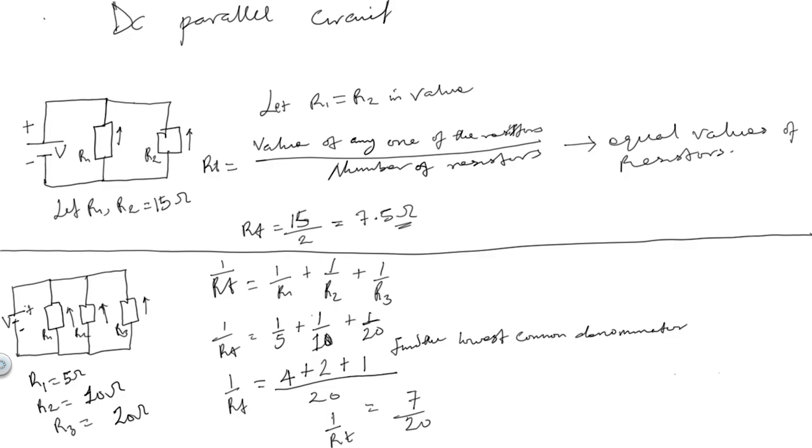So what do we do now? We've added the numerators. We invert both sides of the equation. And how do we invert that? By inverting both sides of the equation, we would have RT, which is RT over 1, is equal to 20 over 7.